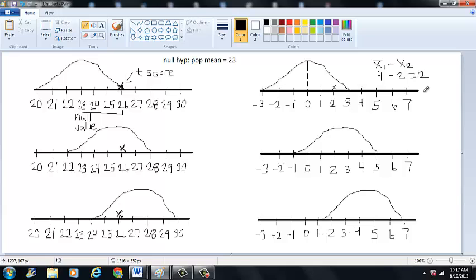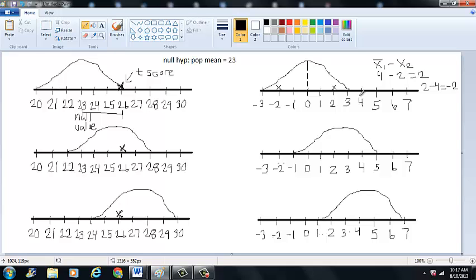If the mean of your first sample is 2 and the mean of your second sample is 4, your sample mean difference is -2, which would be an outcome out here. So in this situation, where the null hypothesis is true in an independent samples t-test, the curve of the sample mean differences peaks at 0.